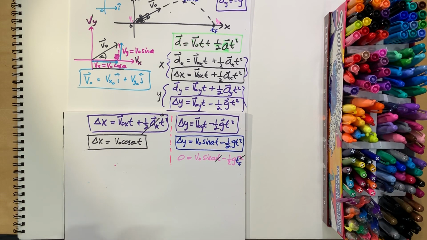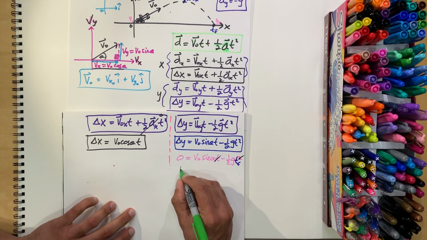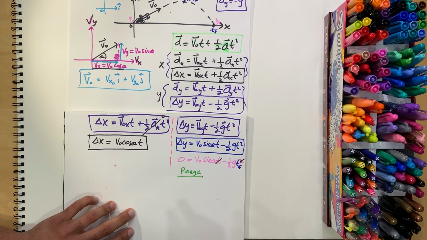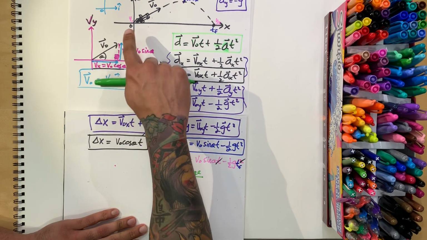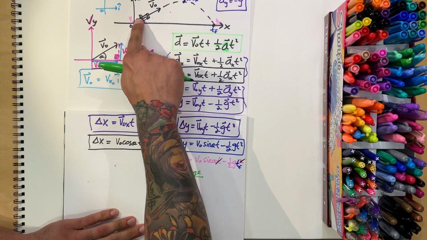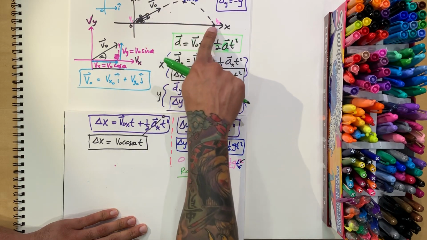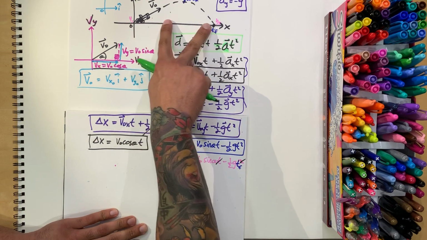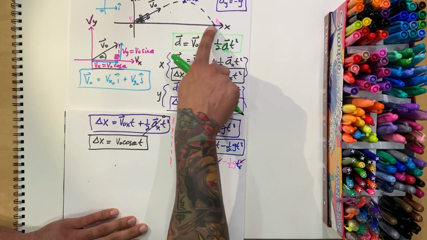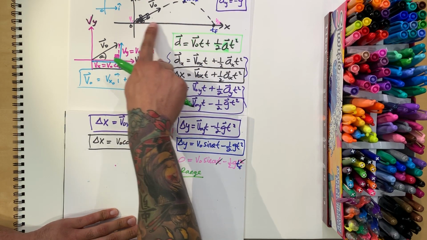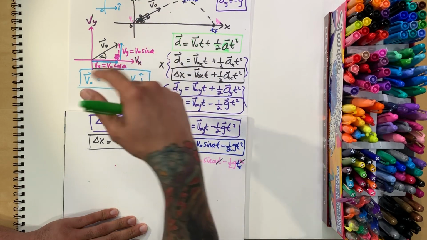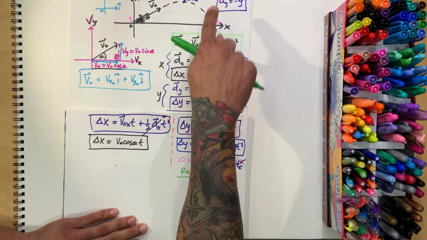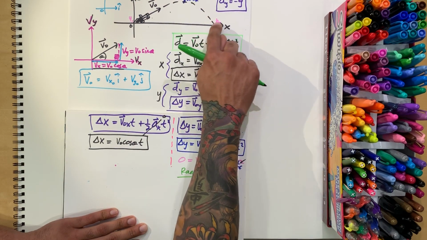Okay, so the condition was that we want the range equation, right? And the range is specifically when the projectile is launched from a certain ground level and reaches the ground level again. So the displacement in x could be anywhere in between here. You could say x2 is here, x1 is here. But if you talk about range, range is only from ground level all the way to the end where it meets the ground level again.